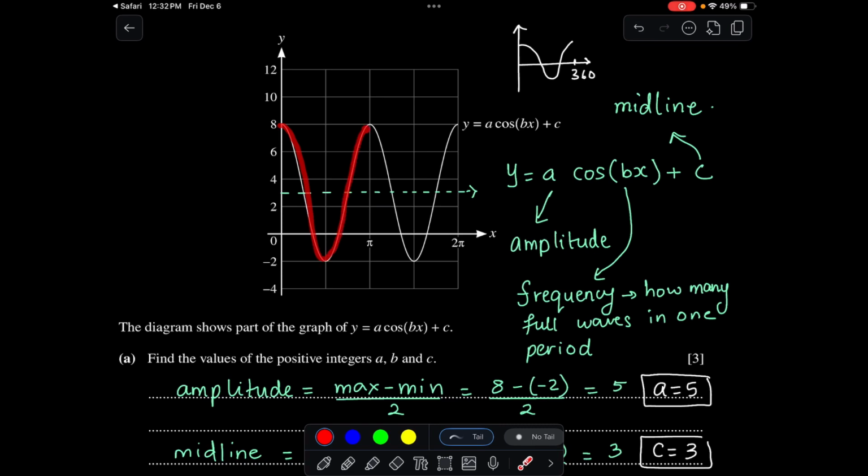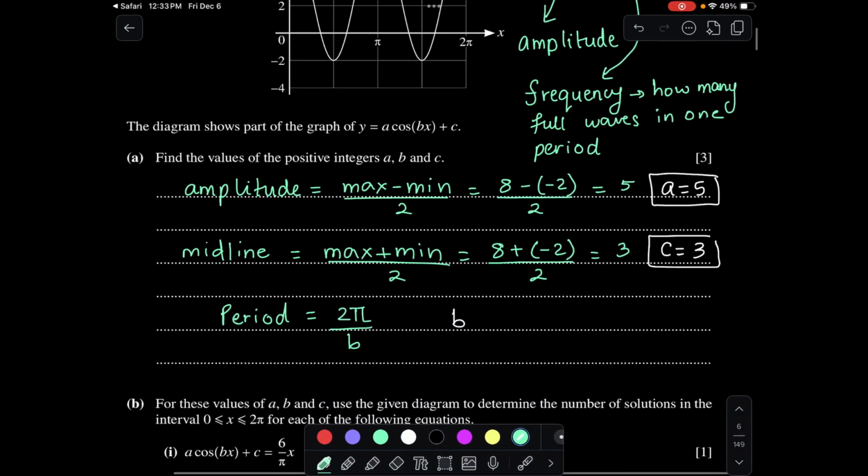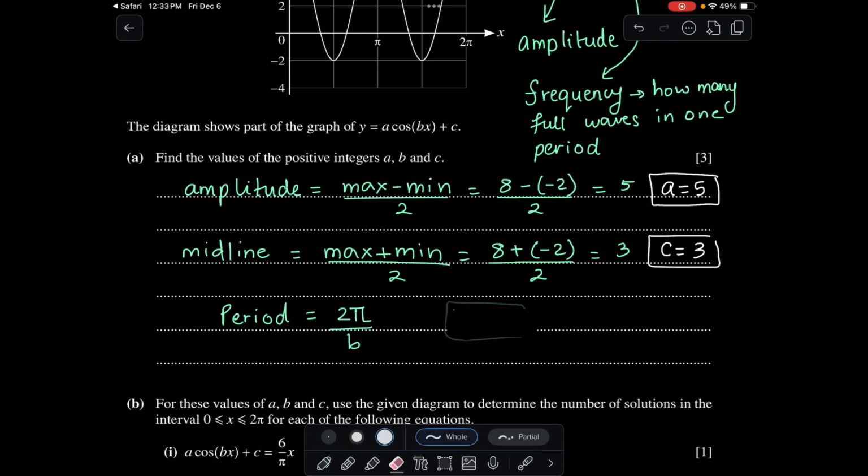You have 1, and 2. So it tells me the value of B is equal to 2, because there are 2 full cycles in the graph. So let's use the white pen. B is equal to 2.